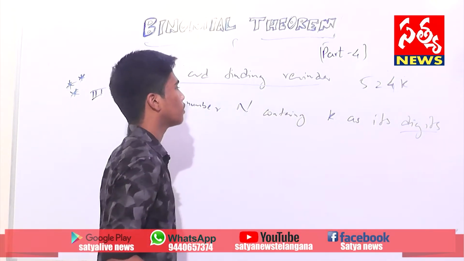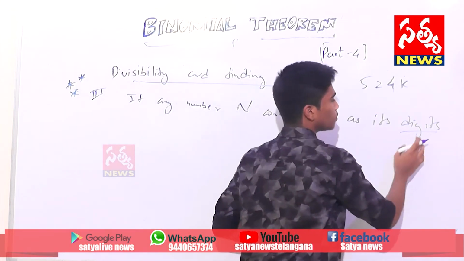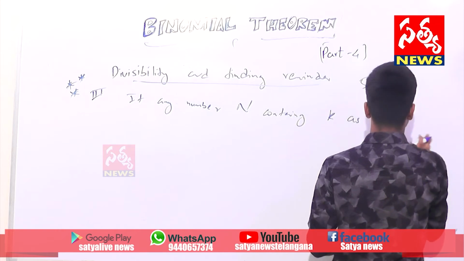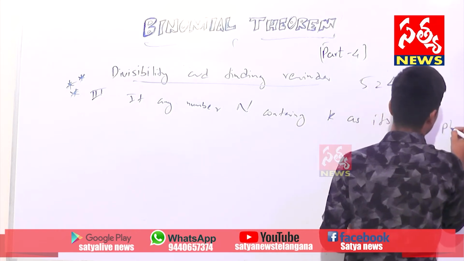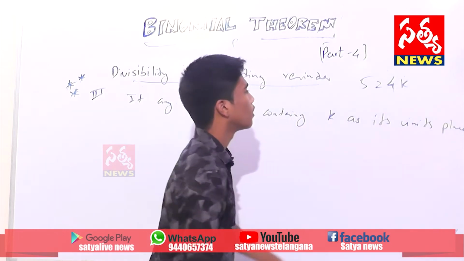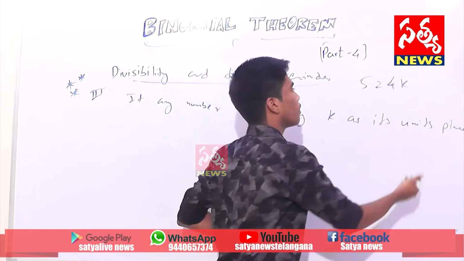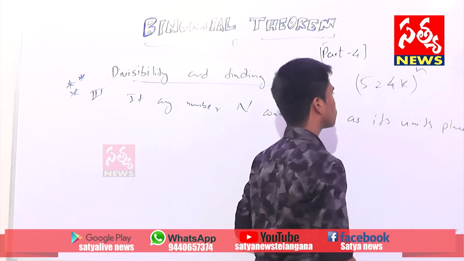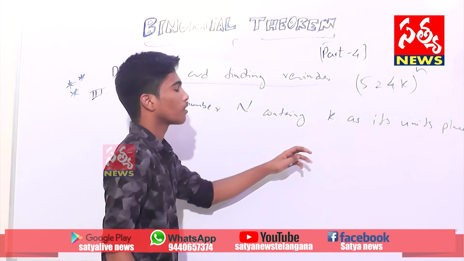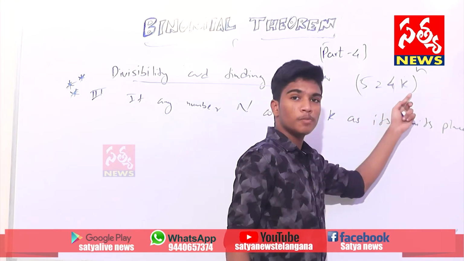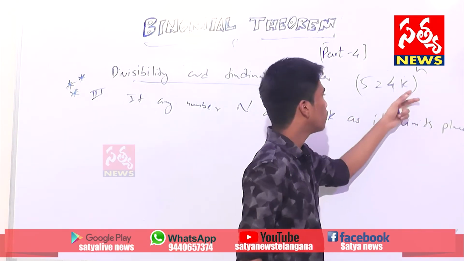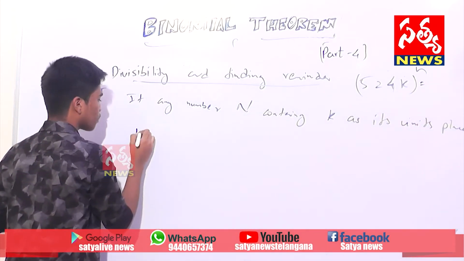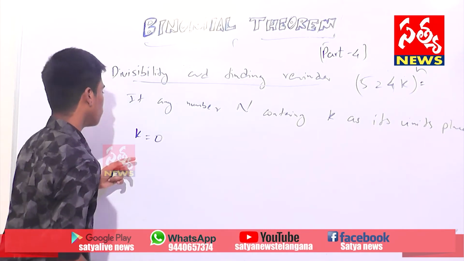This is a number where k is in the units place. The units place decides the value of the total power. See, if the k value is 0.